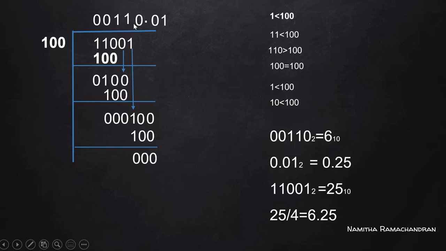This 00110 means actually 6 in decimal and this .01 is 0 into 2 raised to minus 1 plus 1 into 2 raised to minus 2. That is actually 0.25. So the result is exactly equal to the result of division in decimal, 25 by 4. Okay.